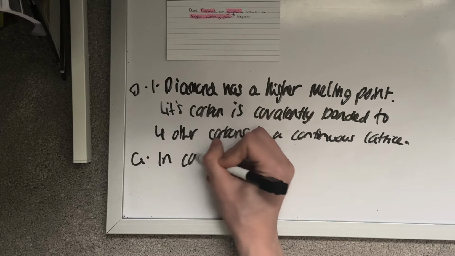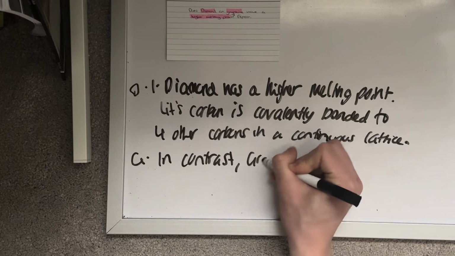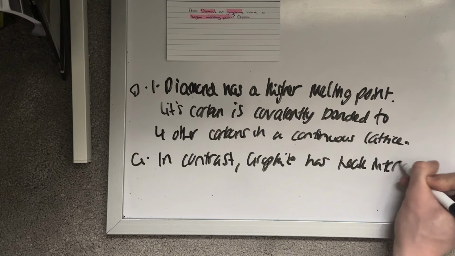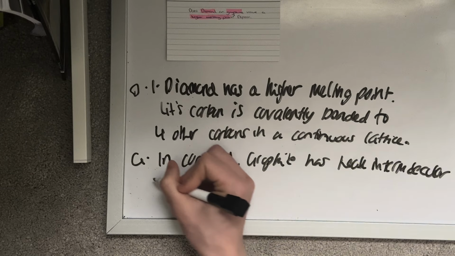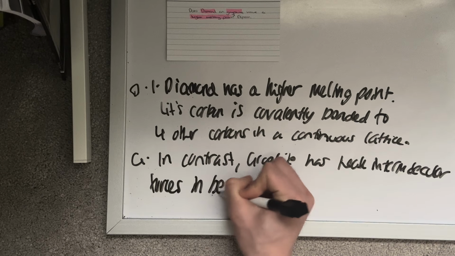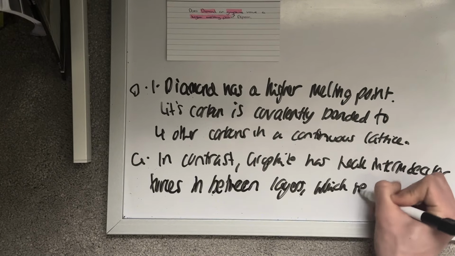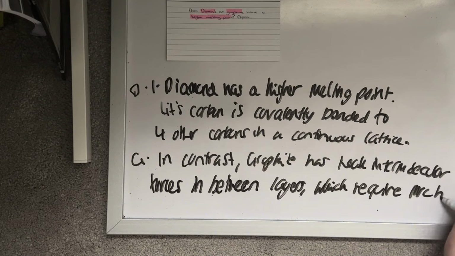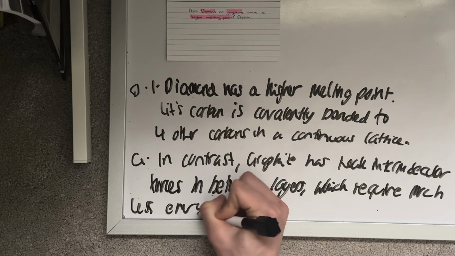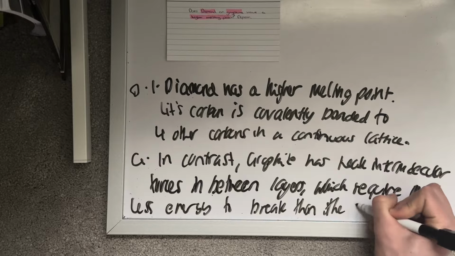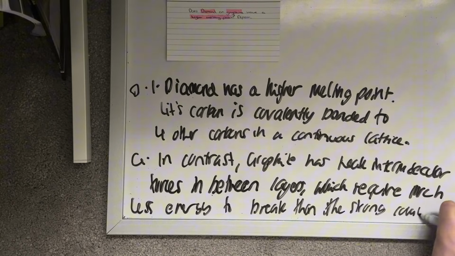Graphite, in contrast, has weak intermolecular forces in between layers, which require much less energy to break than the strong covalent bonds. Hopefully I can fit in bonds. There we go. So that's my answer done.